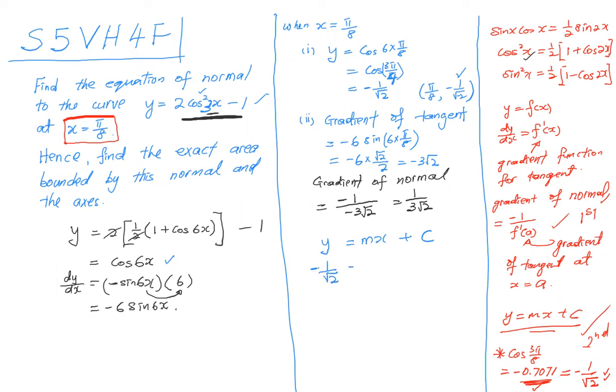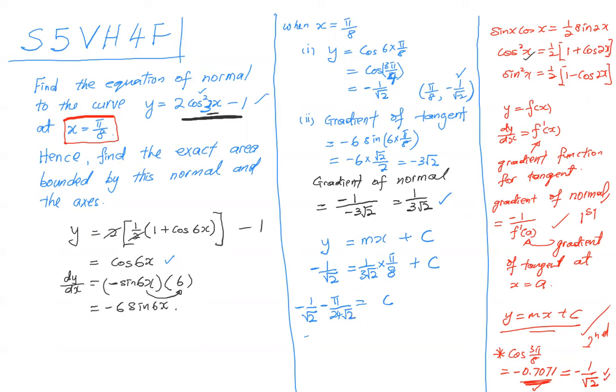My m is this one, 1 over 3 root 2. Then my x is pi over 8 plus c. So the c is negative 1 over root 2 take away pi over 24 root 2.